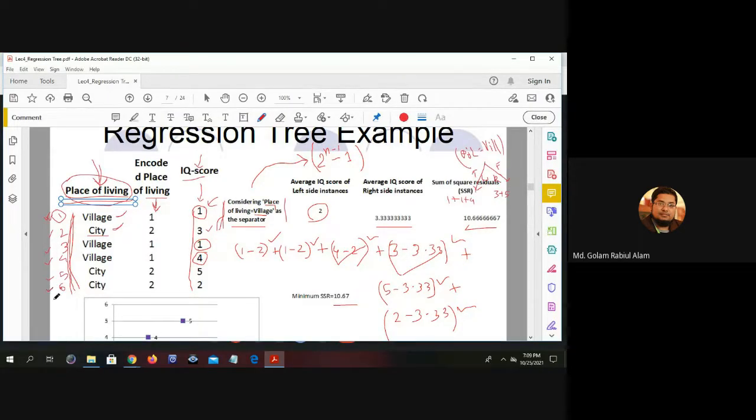And the sixth one is city and IQ score is 2. Now we have to take the average, so we divide by 3. 1 plus 1 plus 4 is 6, 6 divided by 3 equals 2.